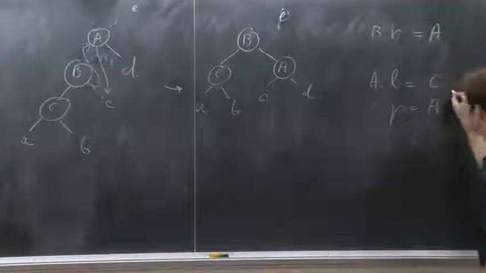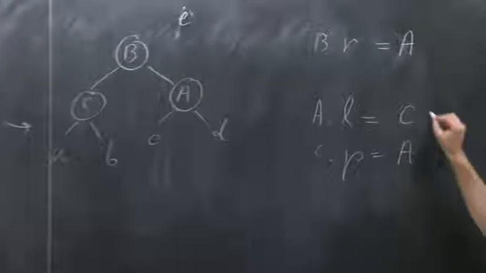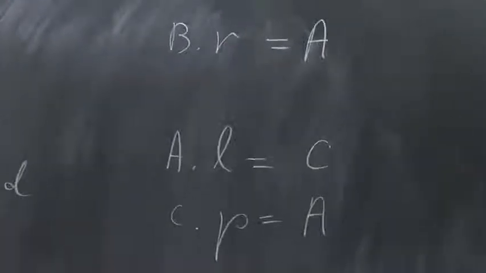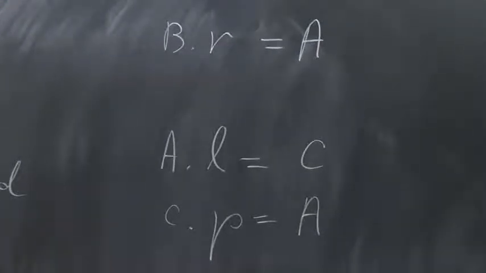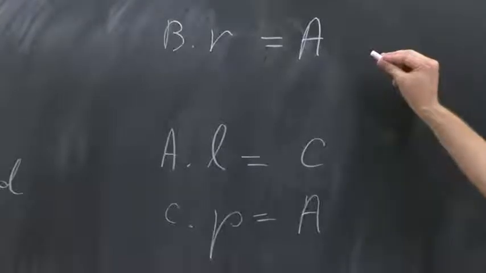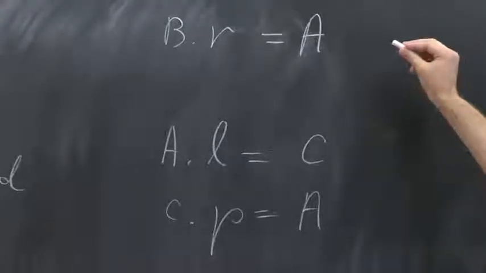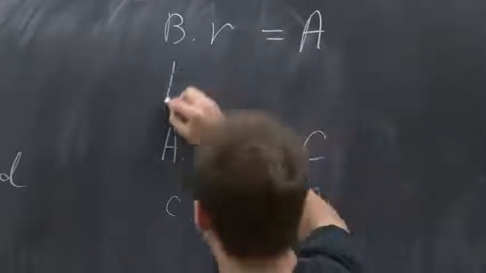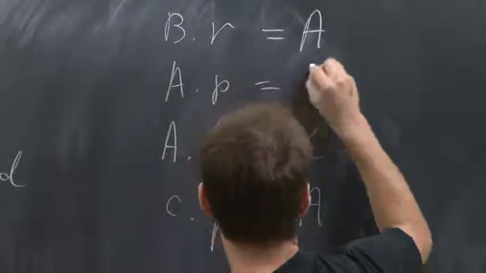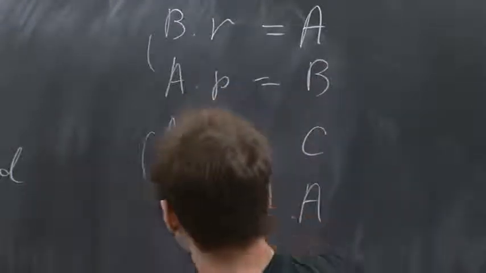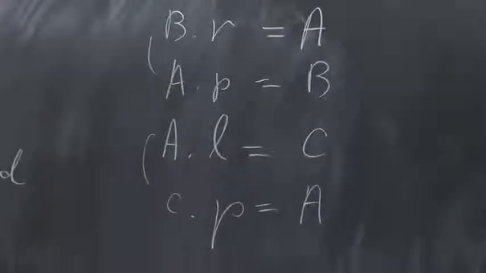So I changed the child, then I changed the parent so that they would match up. So if B's right is A, then what should I do with A's parent? A's parent is B. Okay, always do them in pairs so you don't lose track of them.